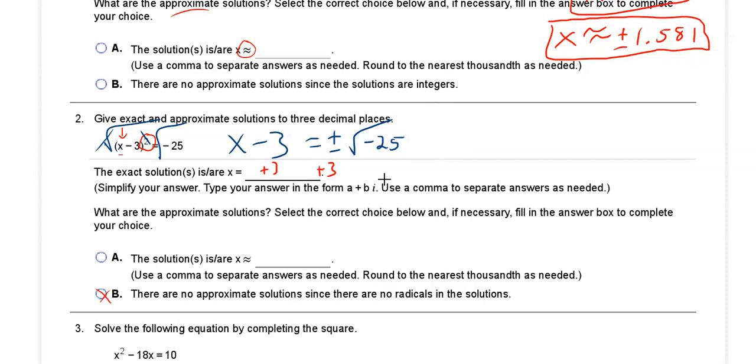So mathematically speaking, it doesn't really matter where this plus 3 goes. The place that I've been trained to put it, what looks right to me, is to have it in front of the plus or minus. But if you were to write it like this, keeping the plus or minus in front of the radical and putting the plus 3 after, that's okay too.